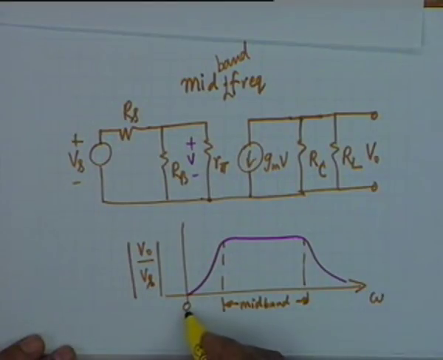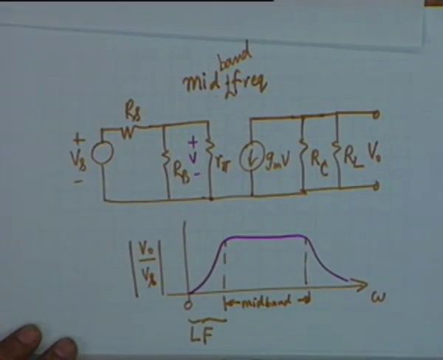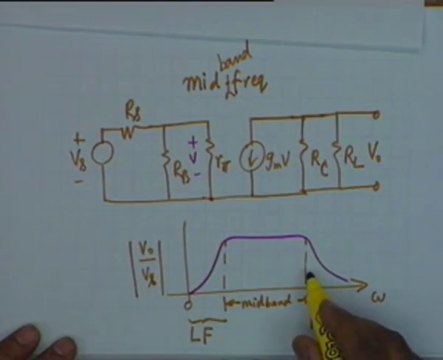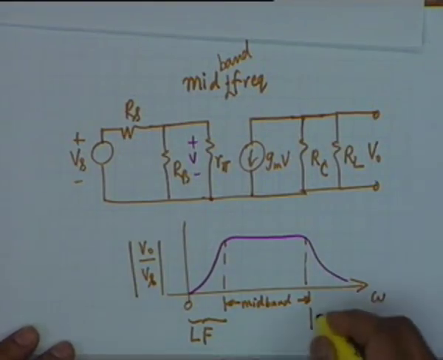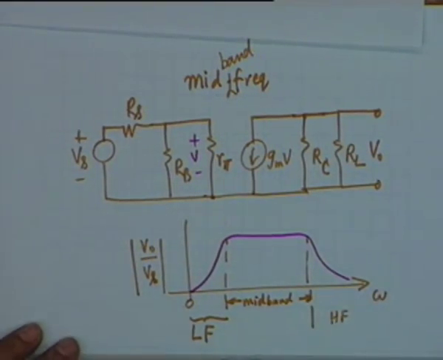The region from 0 to the beginning of the mid frequency is denoted as the low frequency region, and the frequency range from the end of the mid band to infinite frequency, theoretically, is the high frequency band.